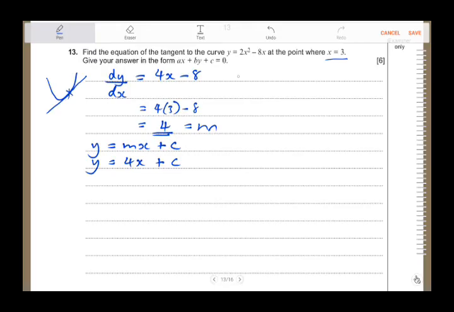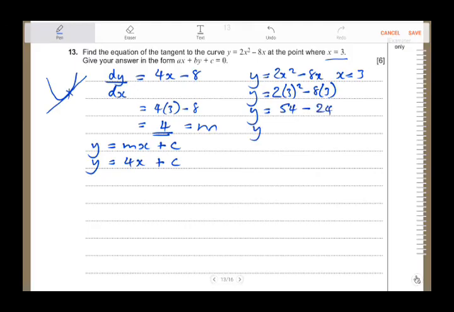So we take y equals 2x squared minus 8x, and we take x equal to 3. We substitute that in. Like so. 3 squared is 9, times 2 is 18, minus 8 times 3 is minus 24, so y is equal to 30.